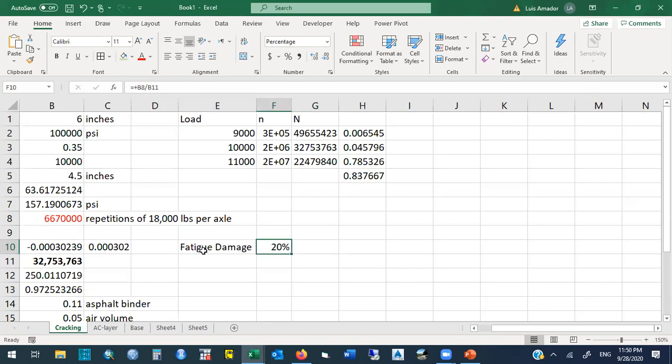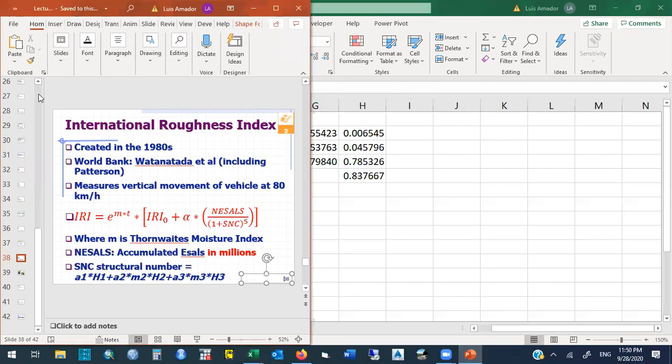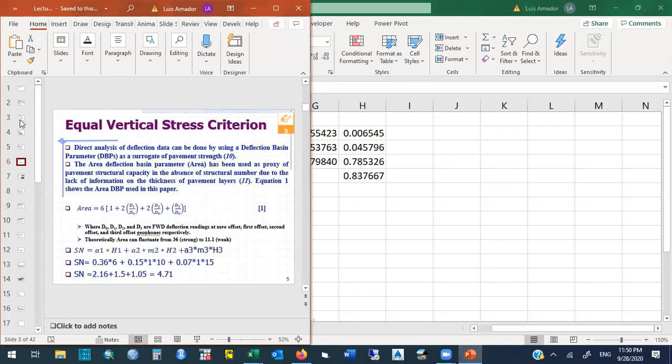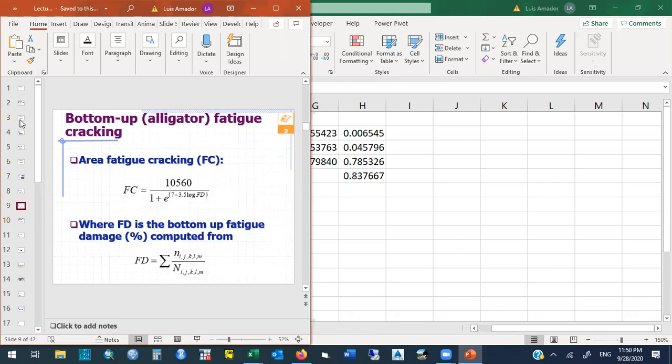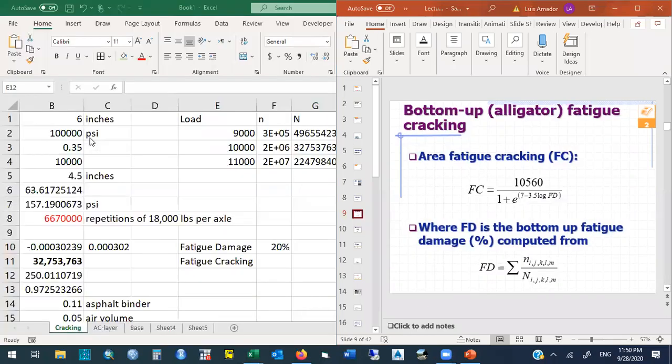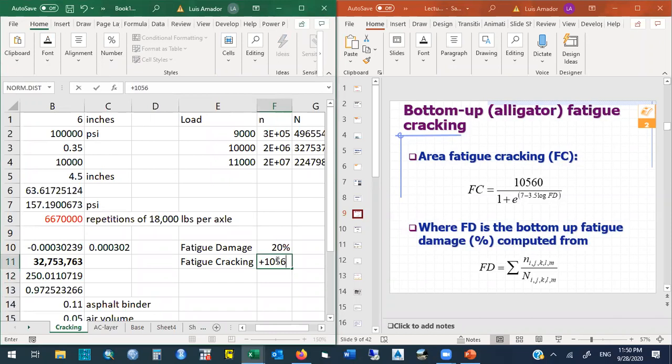20% fatigue damage. So fatigue cracking will be, sorry guys, it's going to go here. Fatigue cracking is given by this equation. So it's 10,560 divided over 1 plus exponential of 7 minus 3.5 times the logarithm of this one over here. Oh, I might need to put that in a number, not in a percentage, I think.